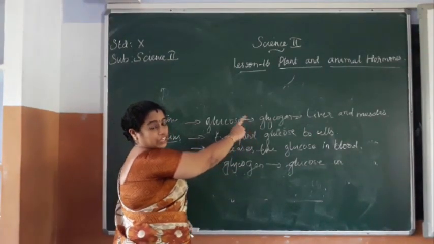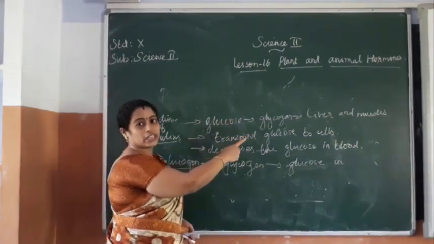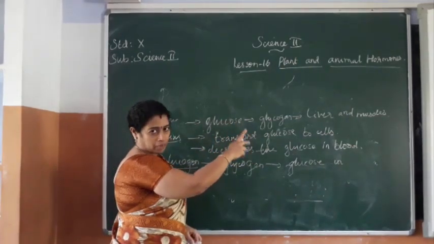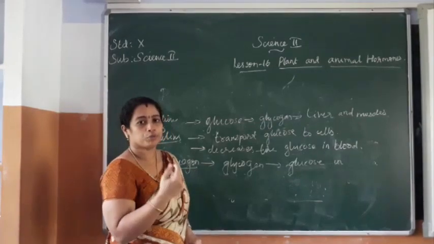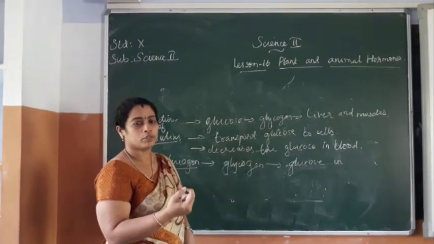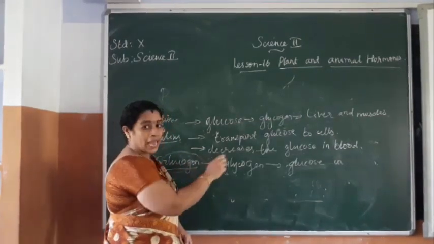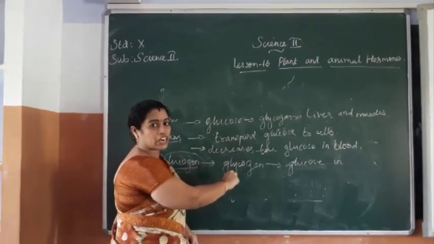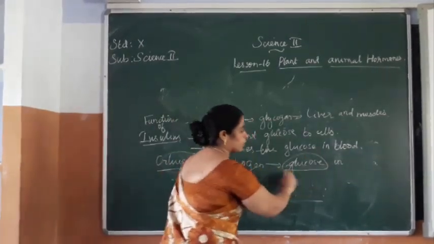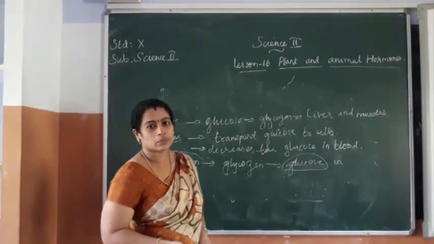First it is stored with the help of insulin. We are storing the glycogen in the liver and muscles. When our body is in need of glucose, the glucagon will act on the glycogen and it will be converted into glucose and is used up by the body.